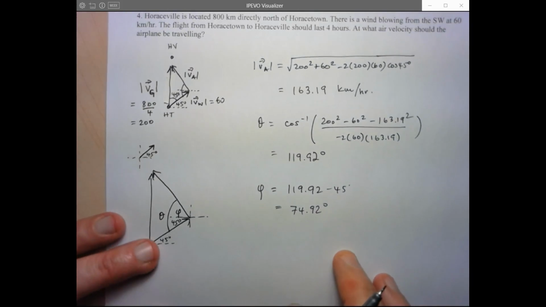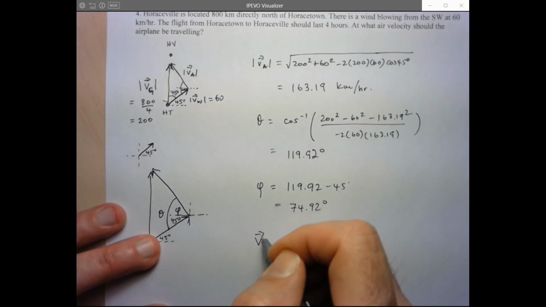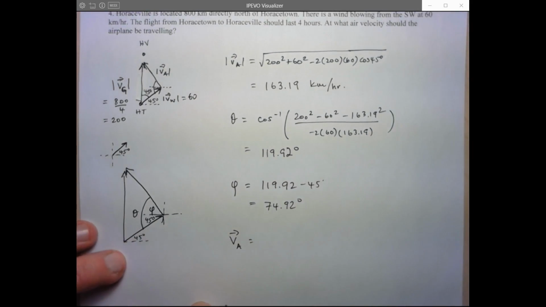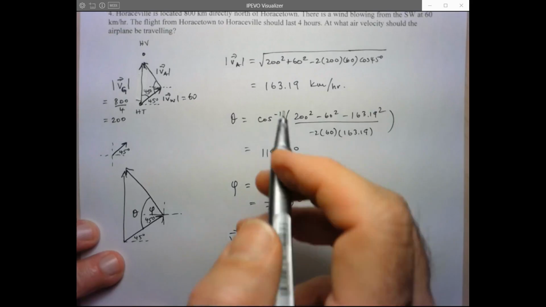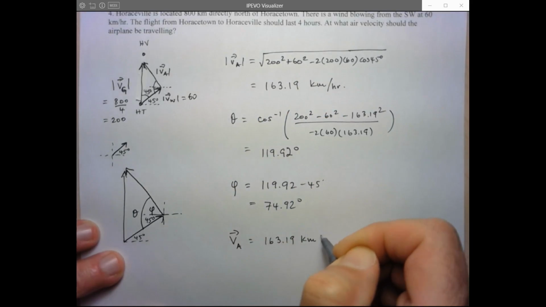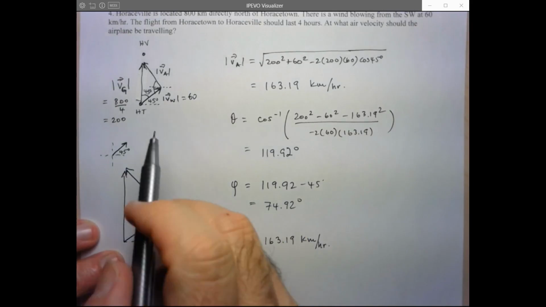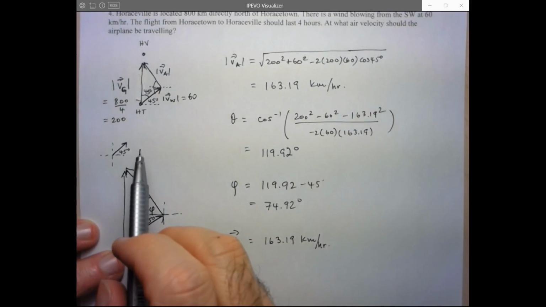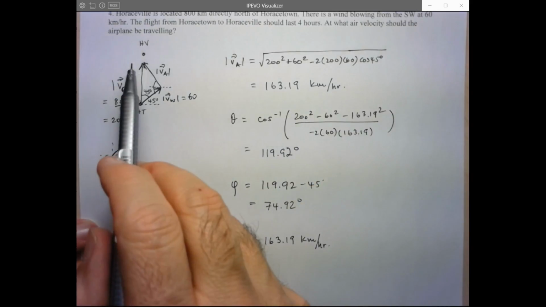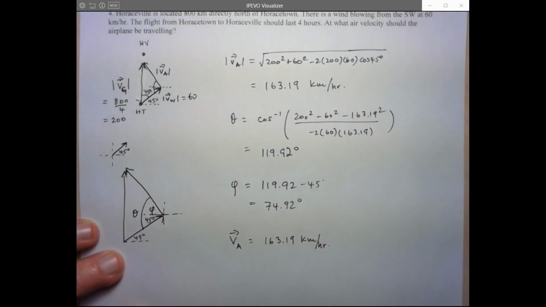So our air velocity, the velocity that the pilot is going to direct the plane with, is going to be 163.19 kilometers per hour. We see that the wind did help us a bit, because the plane's going to fly at that speed, but it's going to eventually achieve a speed of 200 kilometers an hour.